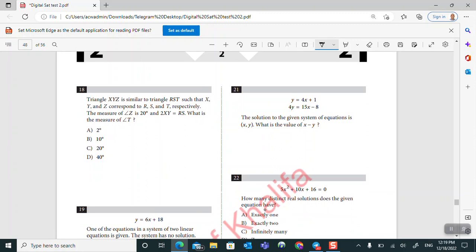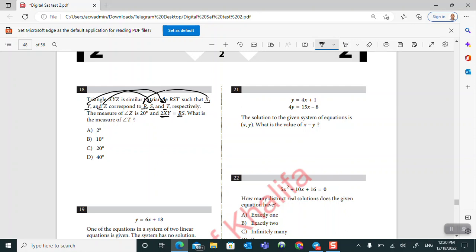Question 18. Triangle XYZ is similar to triangle RST such that X, Y and Z correspond to R, S and T respectively. So X is for R, Y for S and Z for T. The measure of angle Z is 20 and 2XY is RS.